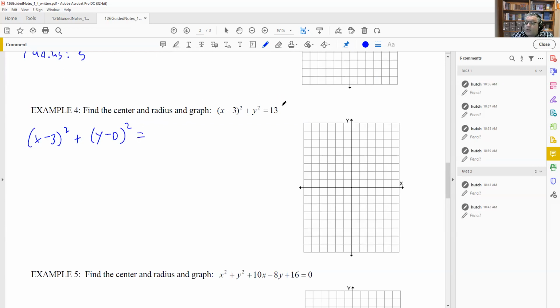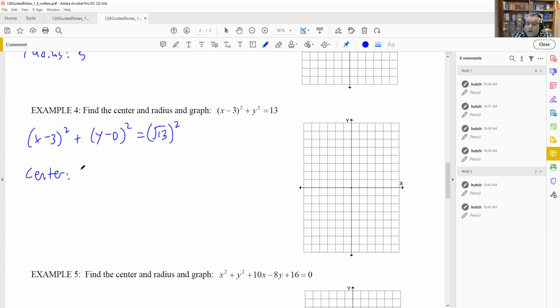So the question is, how do we handle this one over here? I'm just going to go ahead and show you the trick for doing that. You're going to write it like this. You're going to take the square root of 13 and then square it. The square root of 13 doesn't go into anything, but if you take the square root of 13 and square it, you get the same thing you started with here. We're doing that because that way we can write the center and the radius.